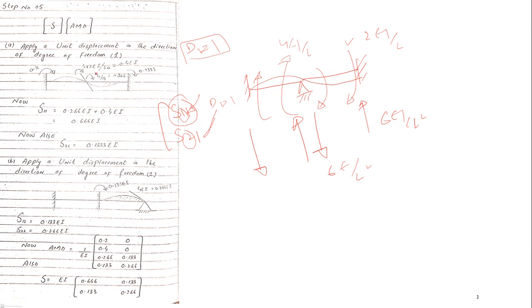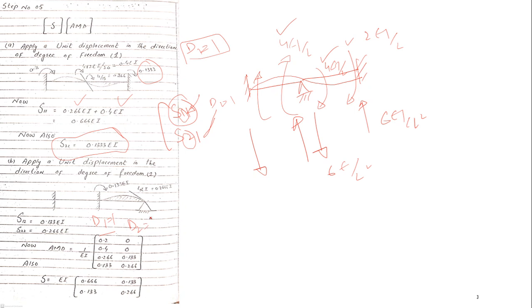So in this case you should know that S21 would be 0.133. Okay, S11 is the summation of this and this, because this is 4 EI by L as well. So it's very easy, and you should know that this is when D2 is equal to 1 was taken.